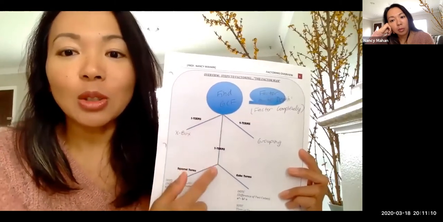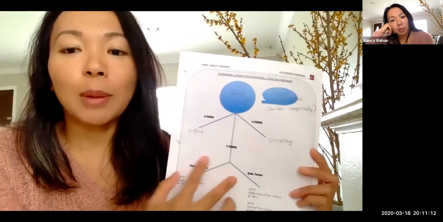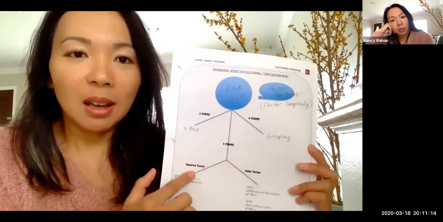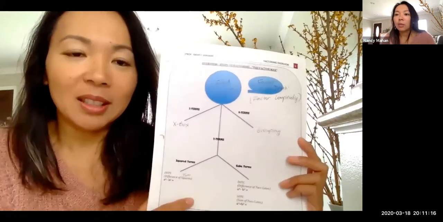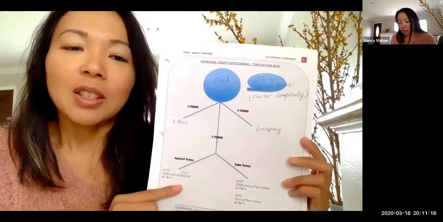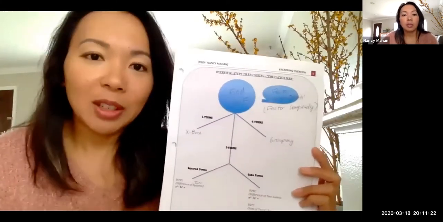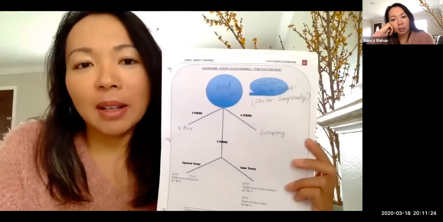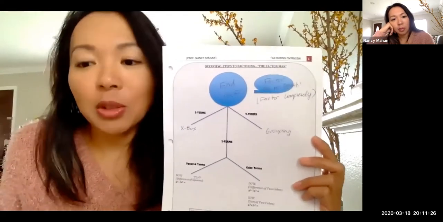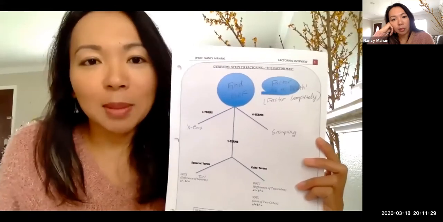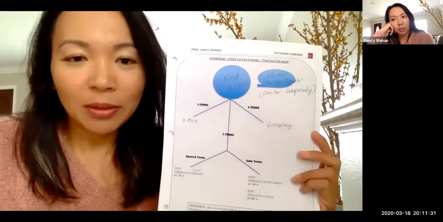So if you had 2 terms, then you have two options of formulas that you need to choose from. So before we go into the 2 terms, one of your classmates had a question about factoring using the Xbox method. So I'm going to do a quick video on that right now.